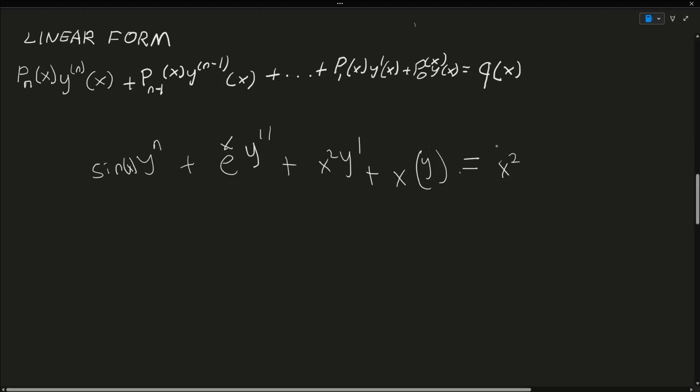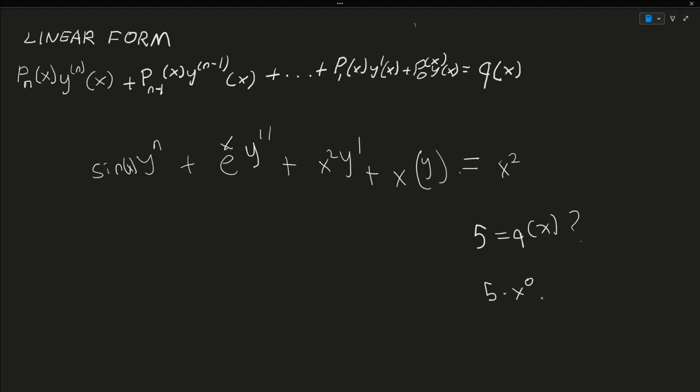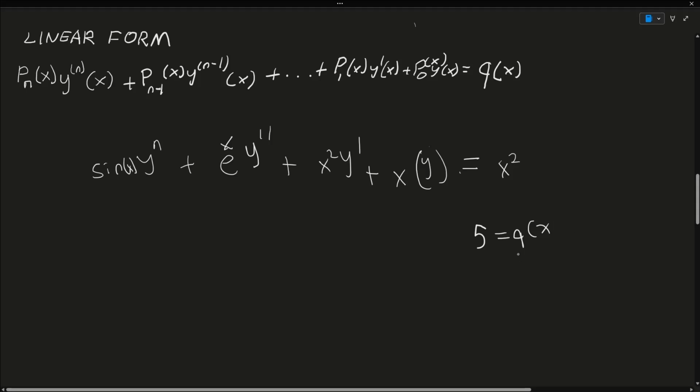I know a lot of people will ask, well, how is 5 equal to q of x? Is this true? Well, 5 times x to the 0 is a way of explaining this as a function of x. So yes, 5 is a function of x, or a function of y, or whatever you want to talk about.